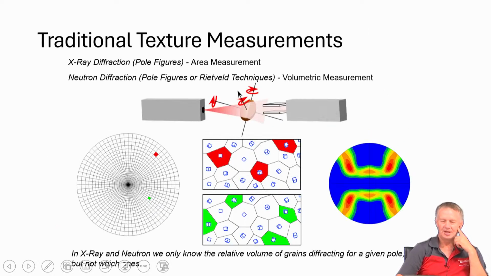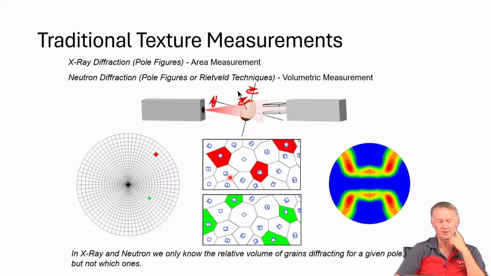All right. Now you don't know anything about where in the sample this diffraction comes from. So like this red spot that's being shown, you don't know if that red spot is coming from these specific grains, right?